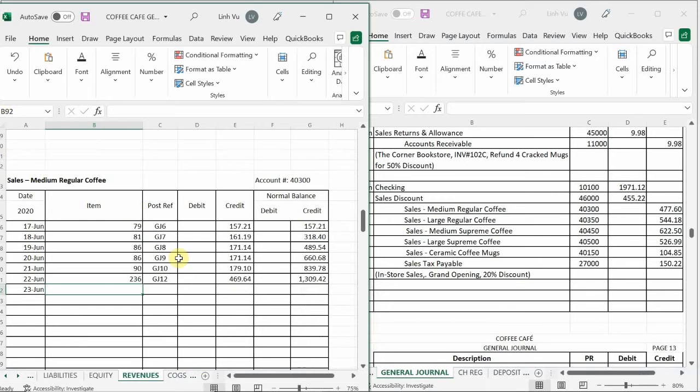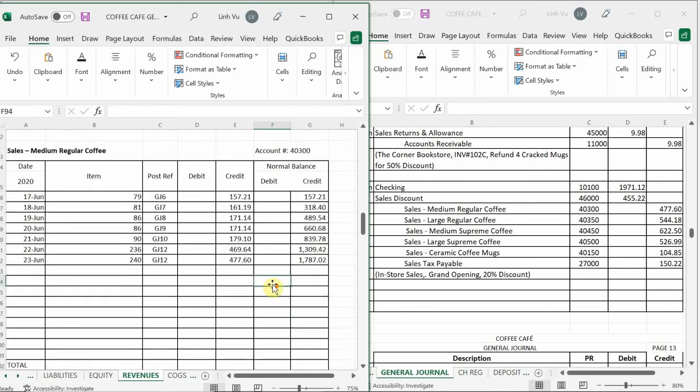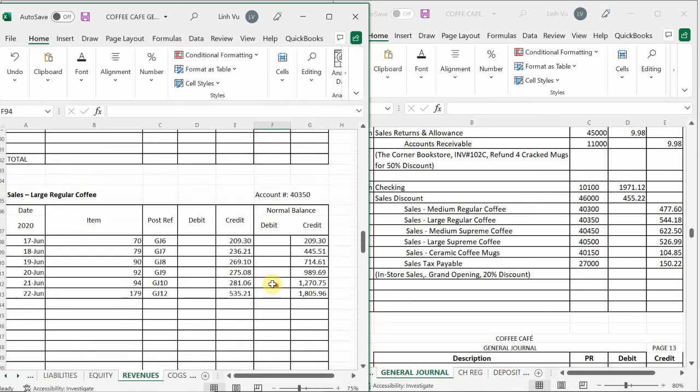We sold 240 cups, which gave us a total of $477.60. So here, my account balance is going to be $1787.02.